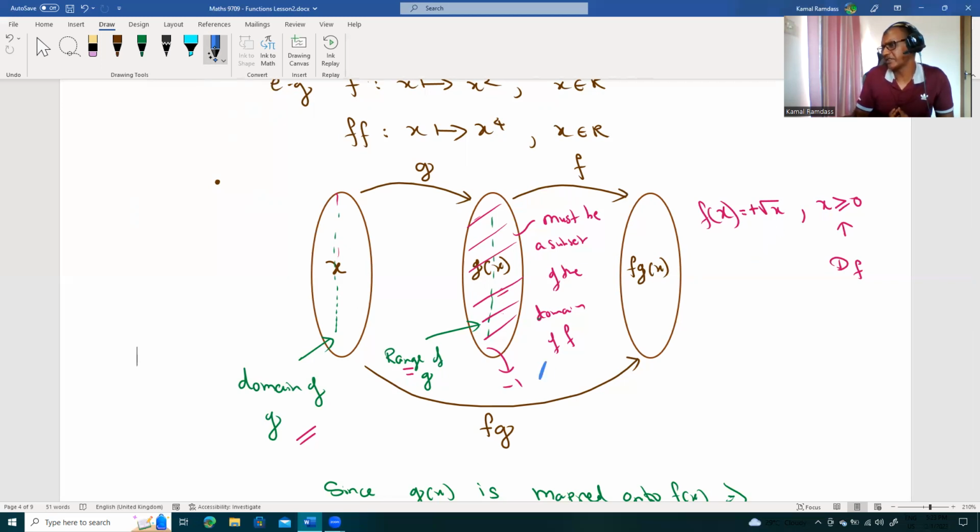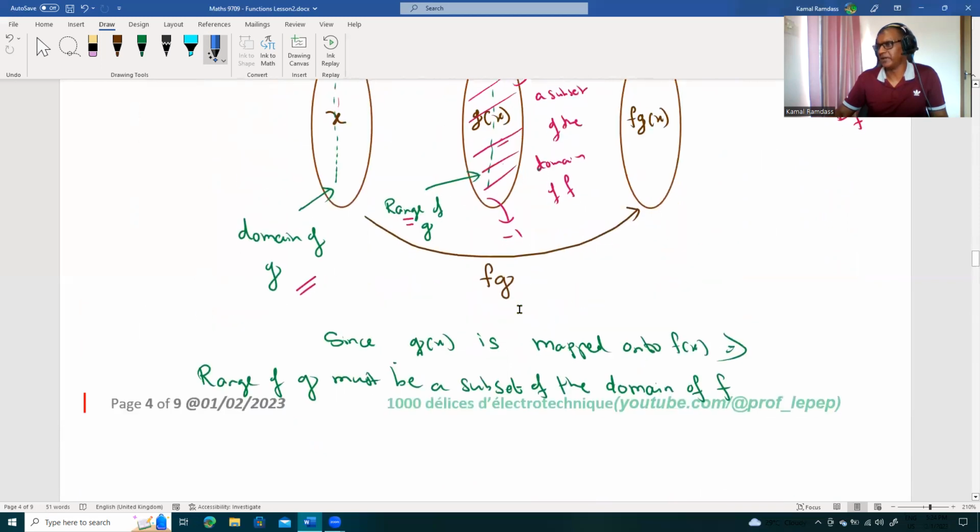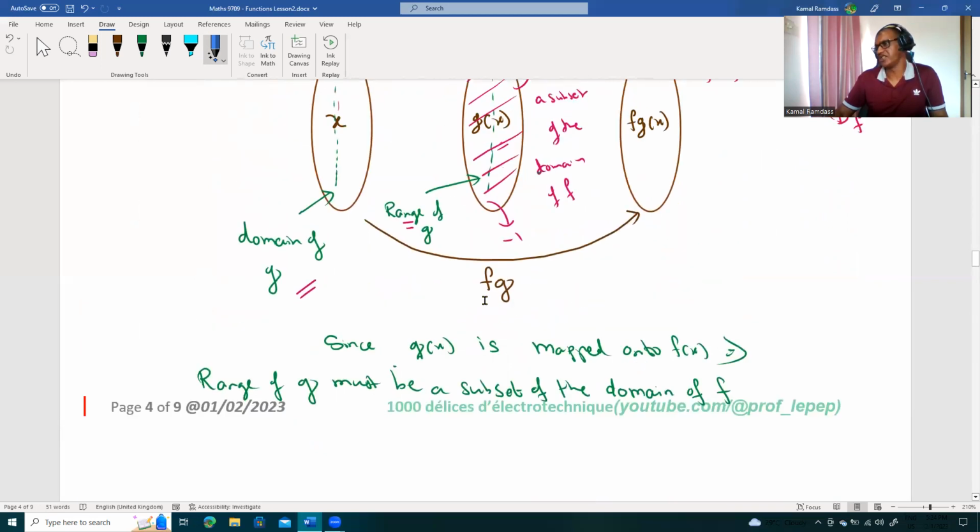And so it cannot exist. The range of g would need to be a subset of the domain of f. Then the composition of functions, f of g, can exist. OK? Range of g must be a subset of the domain of f for f of g to exist. Write this down: for f of g to exist.